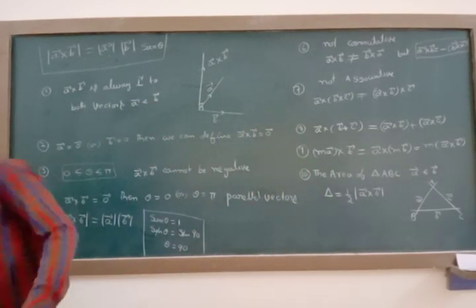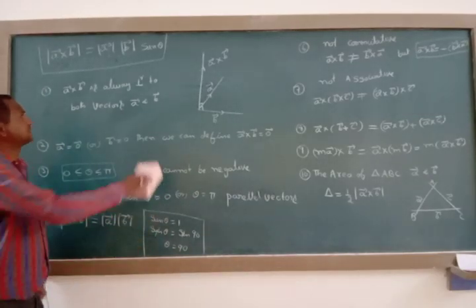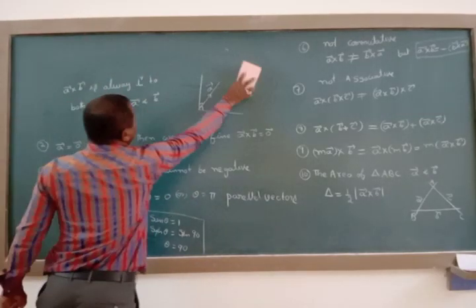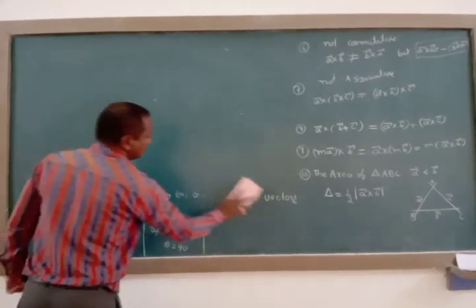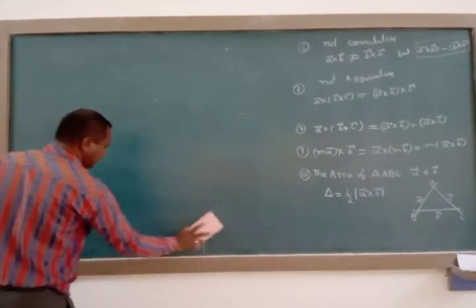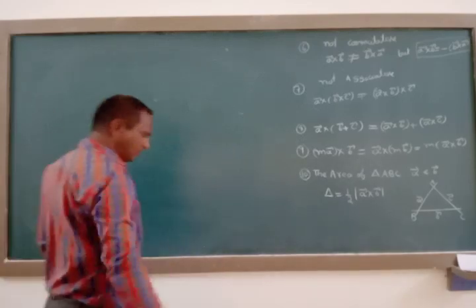Next step is 11th. The area of triangle with position vectors of the points.